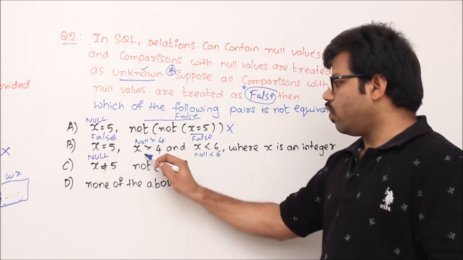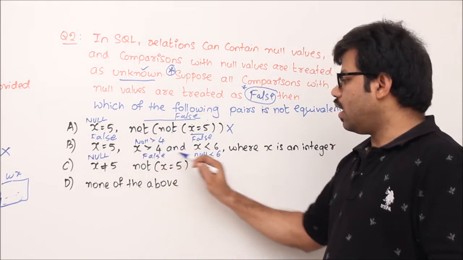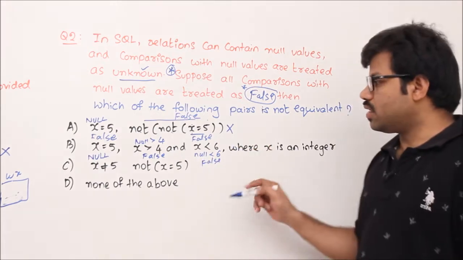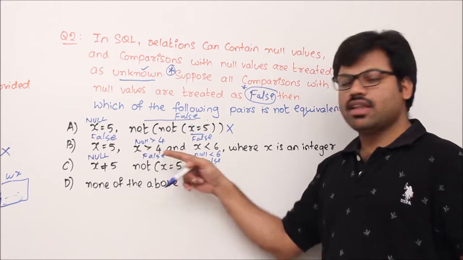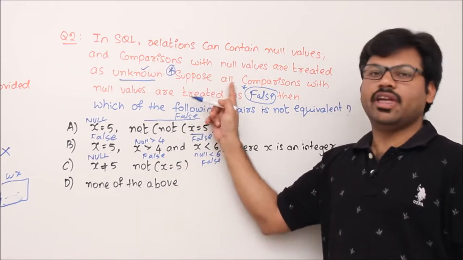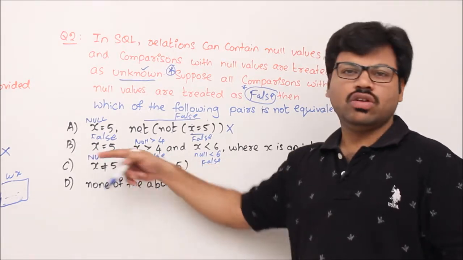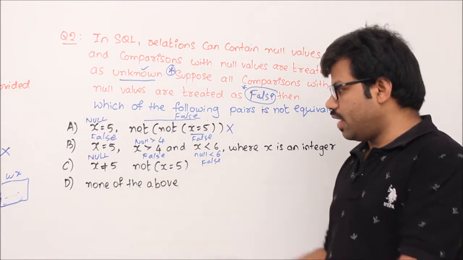Applying x value null blindly, this becomes null greater than 4 and null less than 6. Null greater than 4 is false, null less than 6 is false. False and false is false. You should understand why I am taking null greater than 4 as false: in the question they mentioned it. So in the presence of null values also, this pair has the same values.